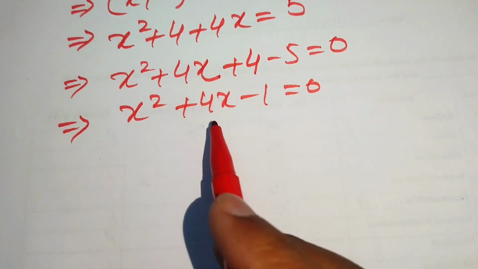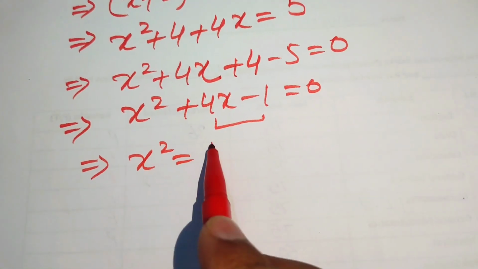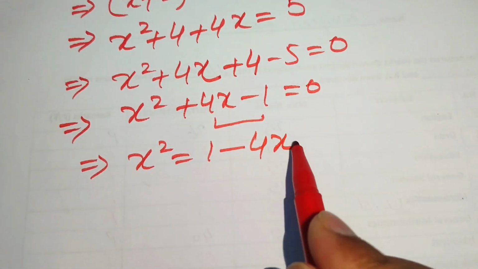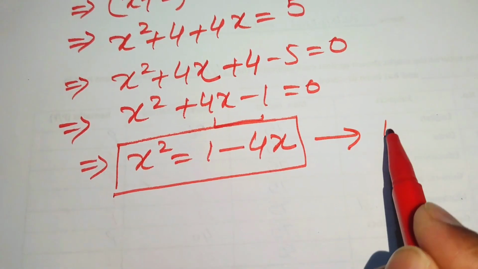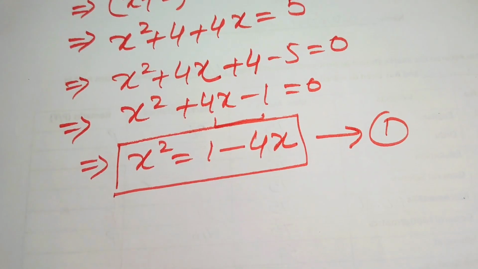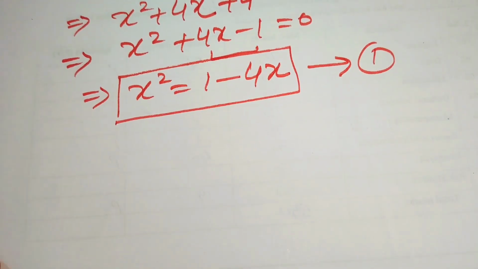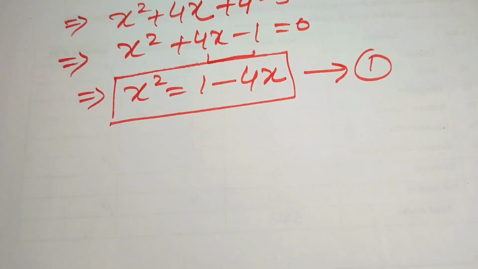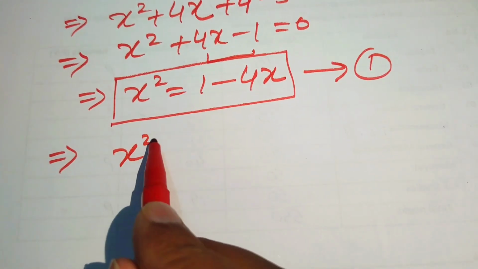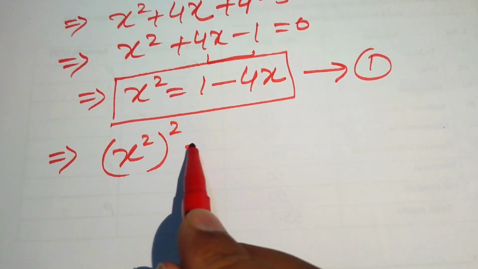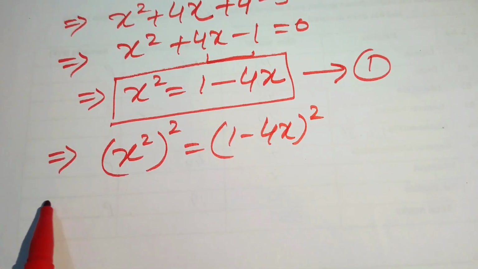And now we move these two terms to the right hand side, and here you get x squared equals 1 minus 4x. So this is the value of x squared, and we call this equation number 1. And here we use this value of x squared in order to find the value of x to the power of 8, so we again take squaring on both sides, and it will be written as (x squared) whole squared equals (1 minus 4x) whole square.